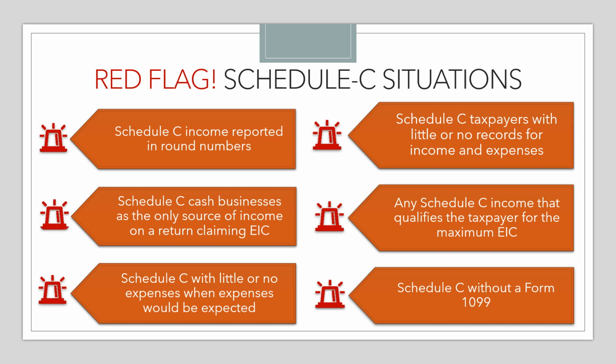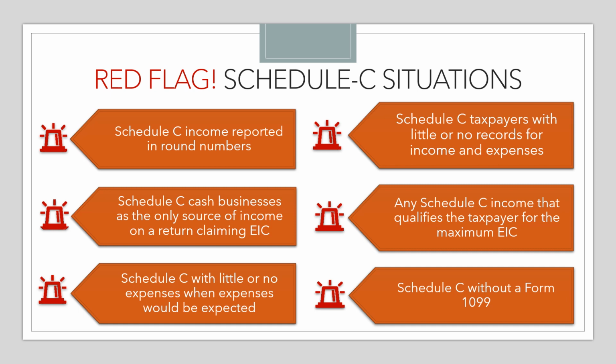Our Schedule C filers are required to not only report income, but also report their ordinary and necessary expenses, which we'll talk more about in our next video. But we really need to see some sort of expenses associated with this income.